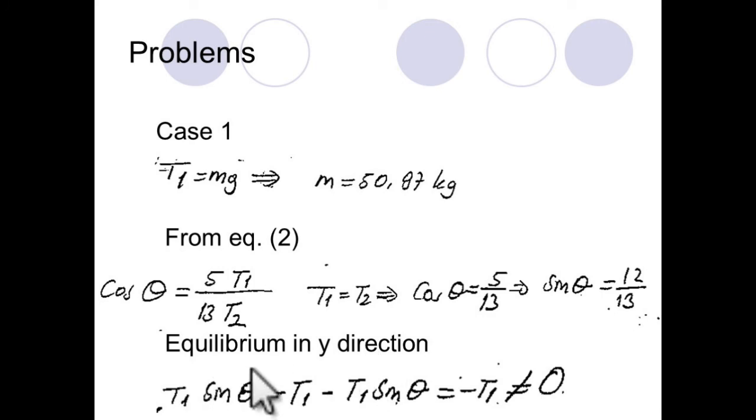Now T1 sine theta minus T1 minus T1 sine theta. Okay, so T1 is equal to T2, which is equal to minus T1, and it is different than 0. Therefore, this tells us something. T1 cannot be equal to mg because it's not 0.